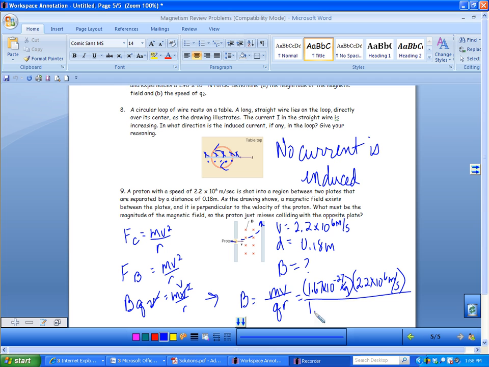My Q is 1.6 times 10 to the negative 19th coulombs, and my radius of my circular pathway is the distance that separates the plates, 0.18 meters. So I'm going to multiply those two together, and divide. And when I did that, I got my B to be 0.1276 Tesla.